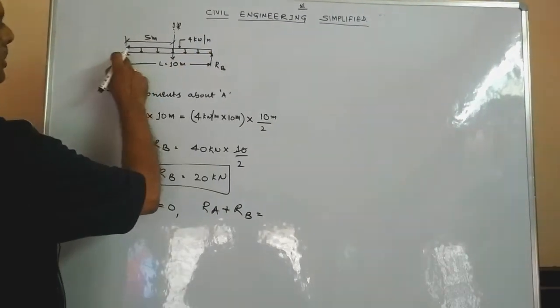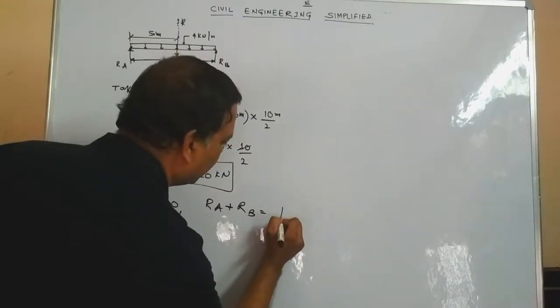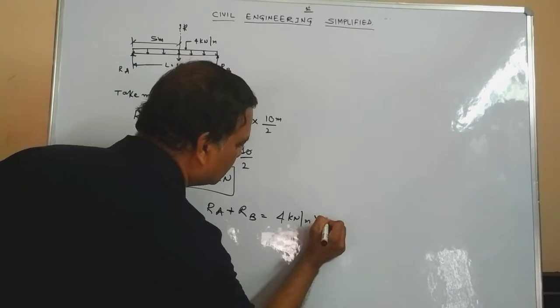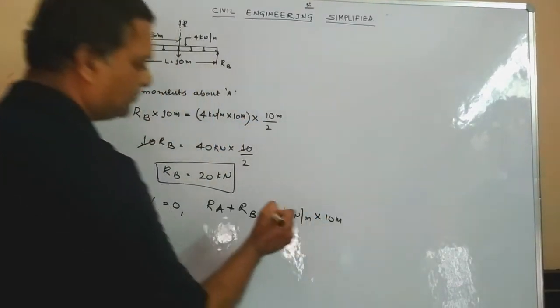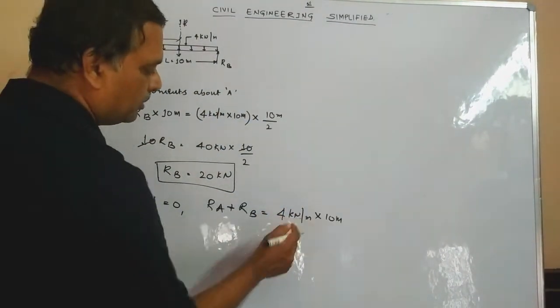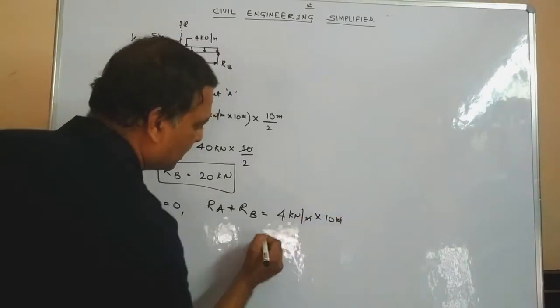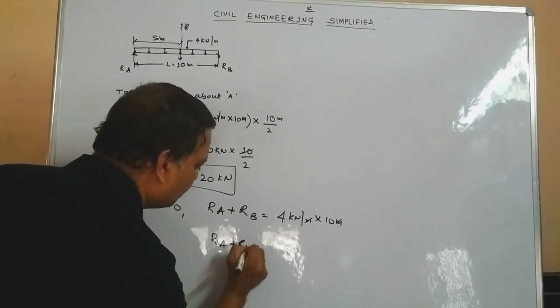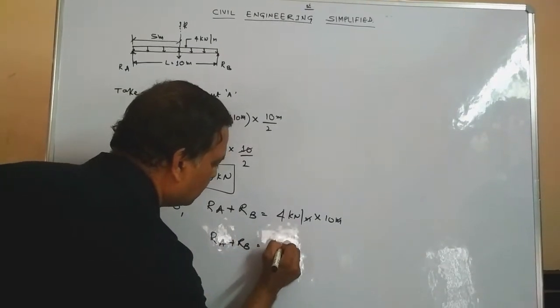In this case, the total UDL acting on the whole span is 4 kilonewton per meter and the span is 10 meters. As I said, 4 into 10 would be 40. This meter and meter get cancelled. Hence, RA plus RB is equal to 40 kilonewton.